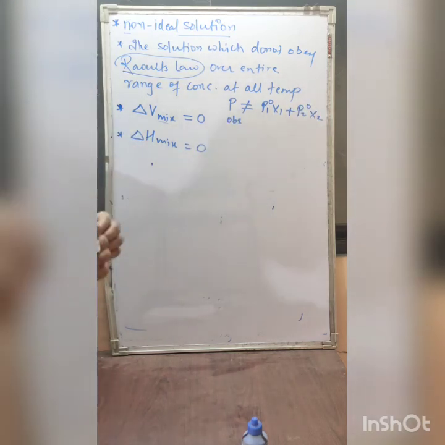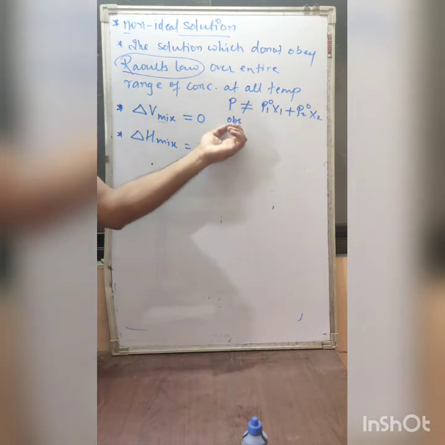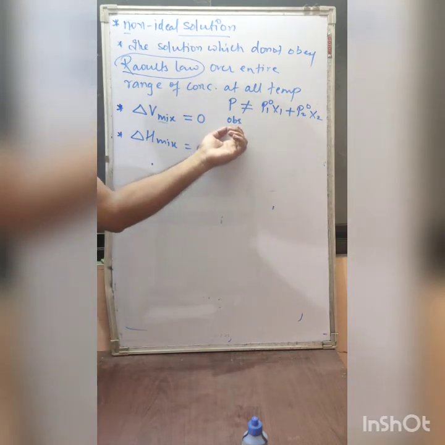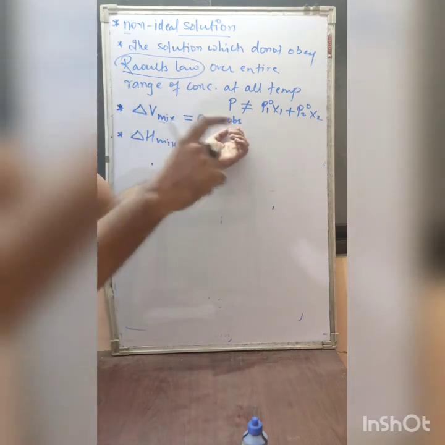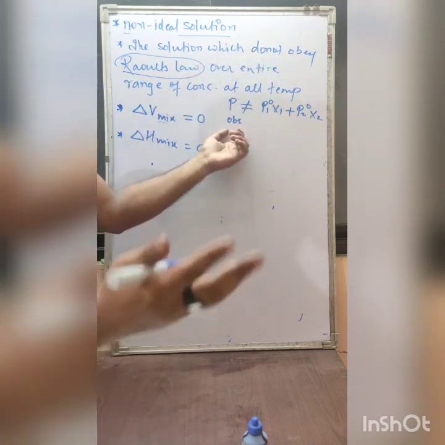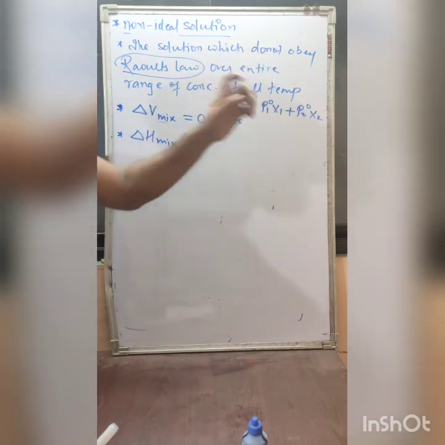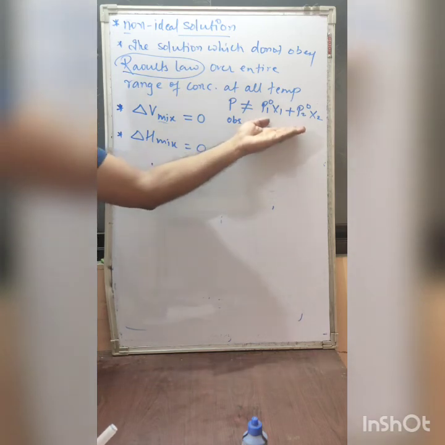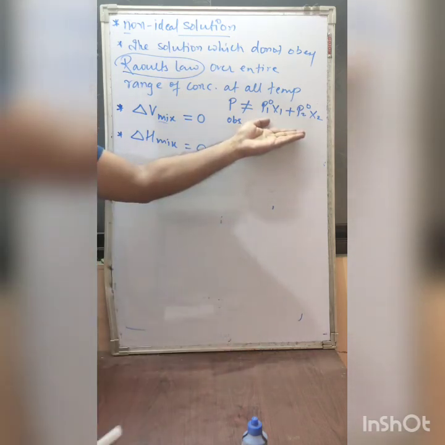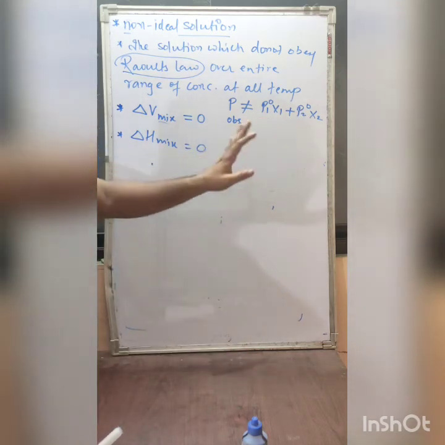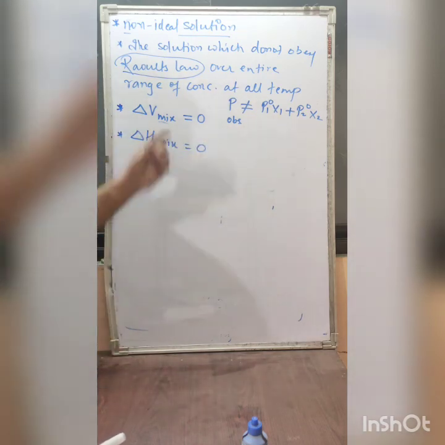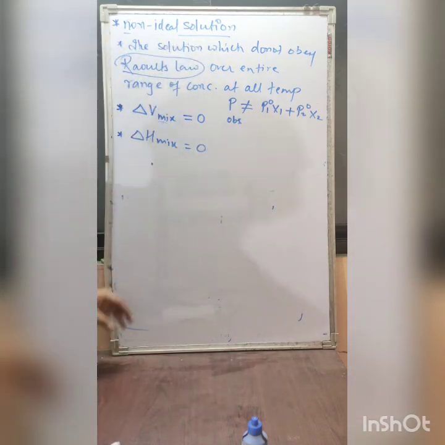Means the vapor pressure of the solution which is calculated by experiment using a manometer will not be equal to the vapor pressure of the solution calculated by Raoult's law. So this is the condition: the solution which does not obey Raoult's law over the entire range of concentration.